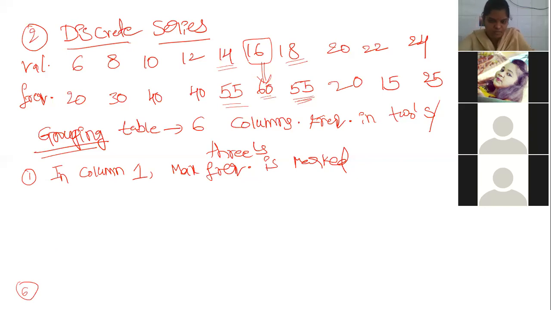First, you take down this data. Then you put the heading like grouping table. Then you leave space to write the 6 points on how to make a grouping table. Then on the next page, how many columns are there in our grouping table? We have 6 columns.